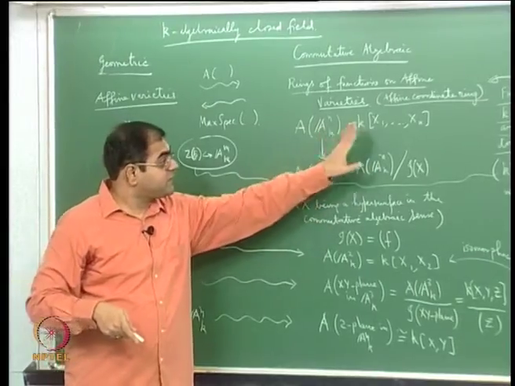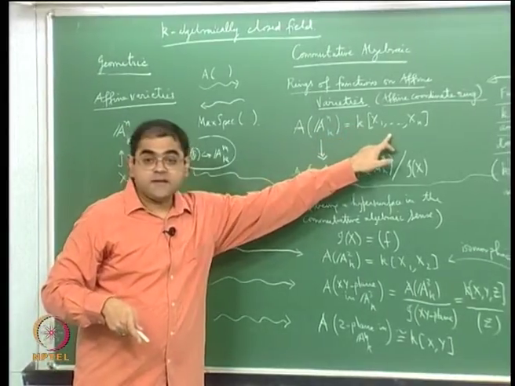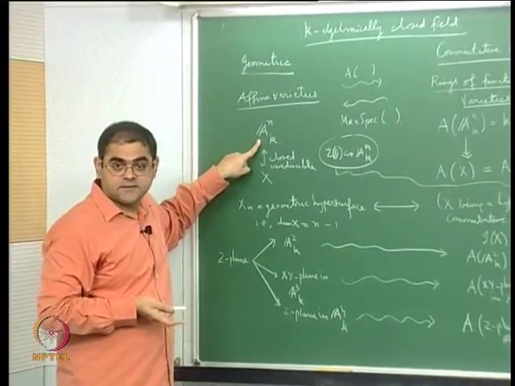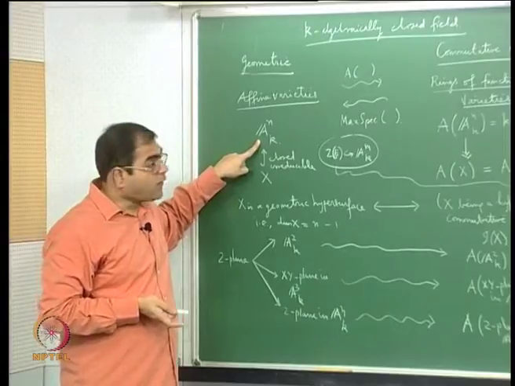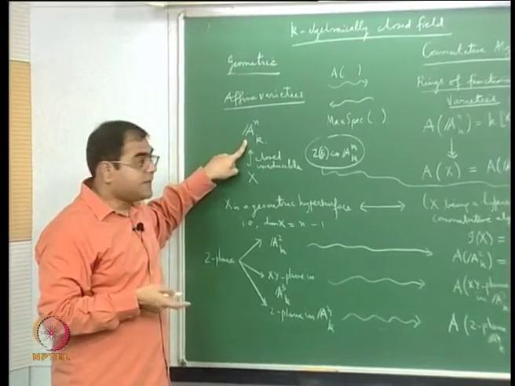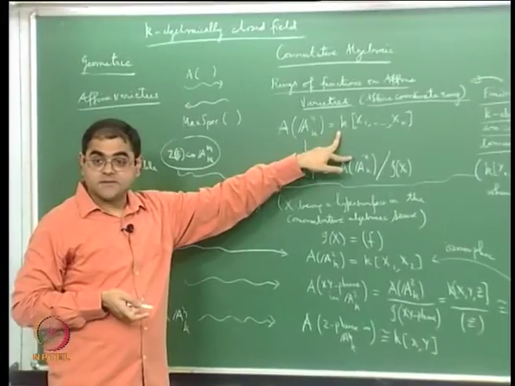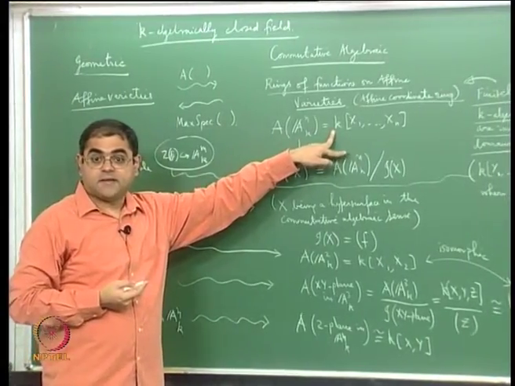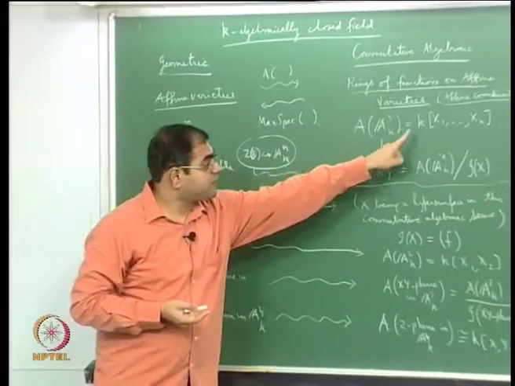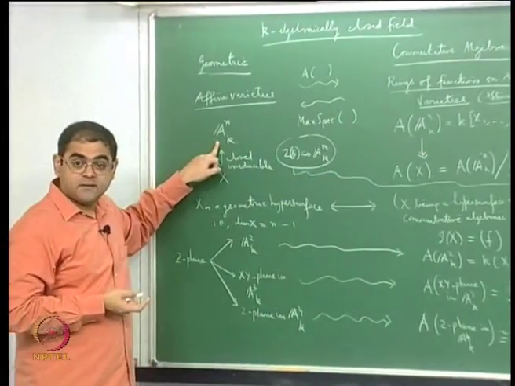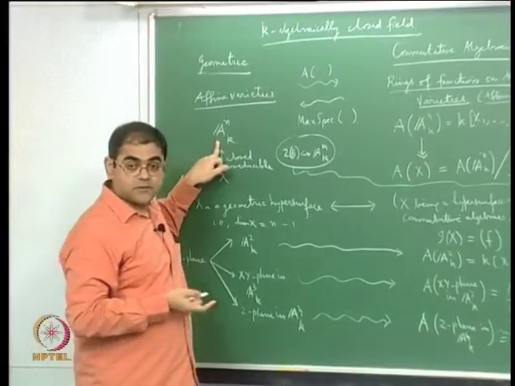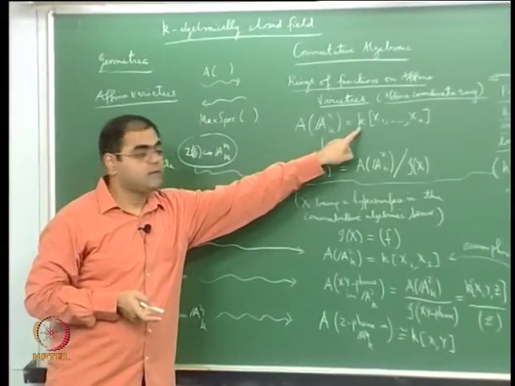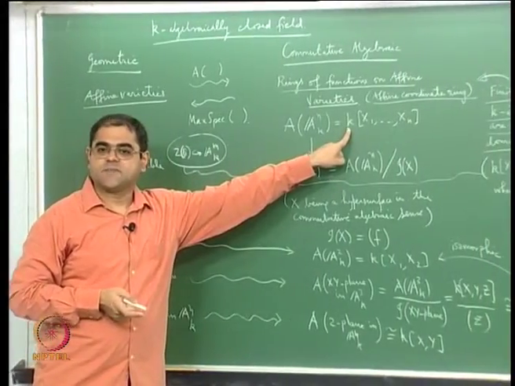But that is just an identification of max spec of the polynomial ring in n variables with Kn, a set theoretic identification. The claim now is that if you take max spec with the Zariski topology induced from spec, then this identification of max spec of k[x1,...,xn] with Kn will actually be a topological isomorphism, a homeomorphism from affine n space to max spec of k[x1,...,xn].